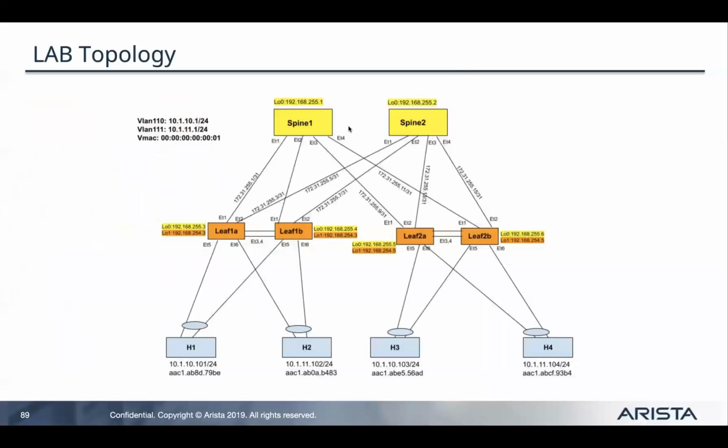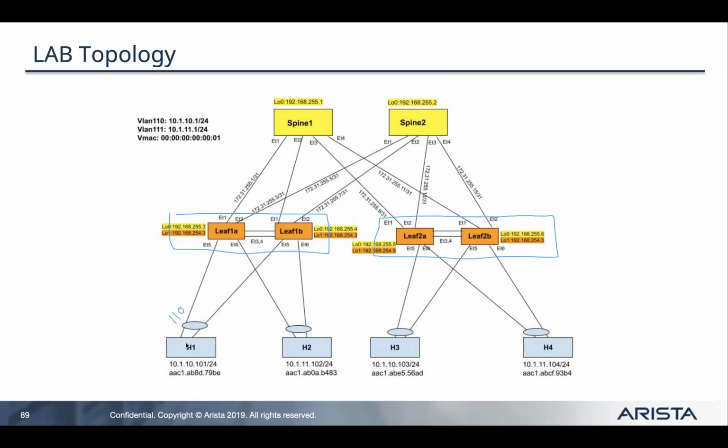Okay. So in this lab topology, we have a leaf pair, leaf 1A, 1B, and another leaf pair, leaf 2A, 2B, VTAP pair. So this is one VTAP pair, another VTAP pair. Host H1 is connected into VLAN 110.